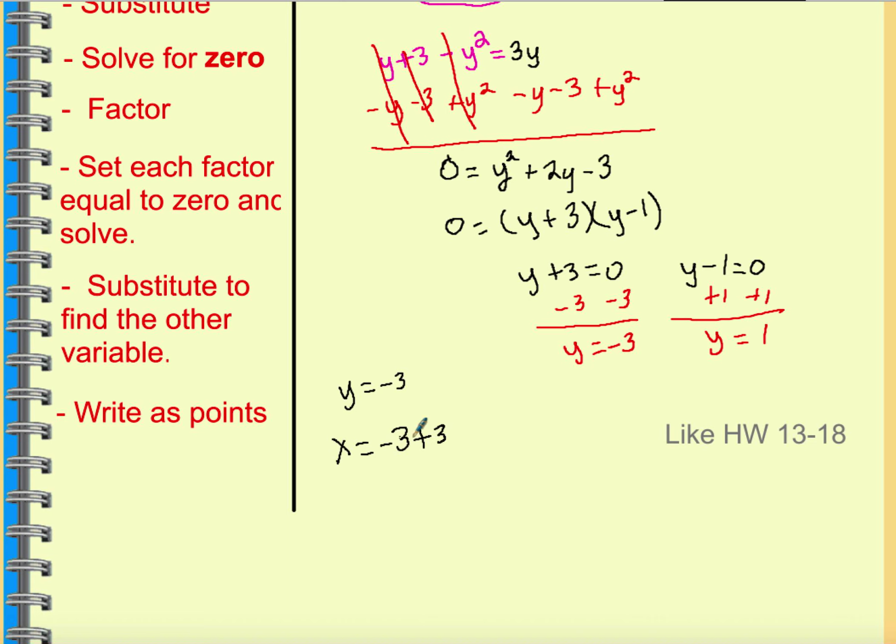Well, 3 plus negative 3 is 0. I hope you guys were all thinking 0, okay? So one of our solutions is the point. Remember, every point is written in the coordinate x comma y, so that's going to be 0 comma negative 3. So this is just one of our two solutions. Now we got to find the other one. That is the solution where y is equal to 1.